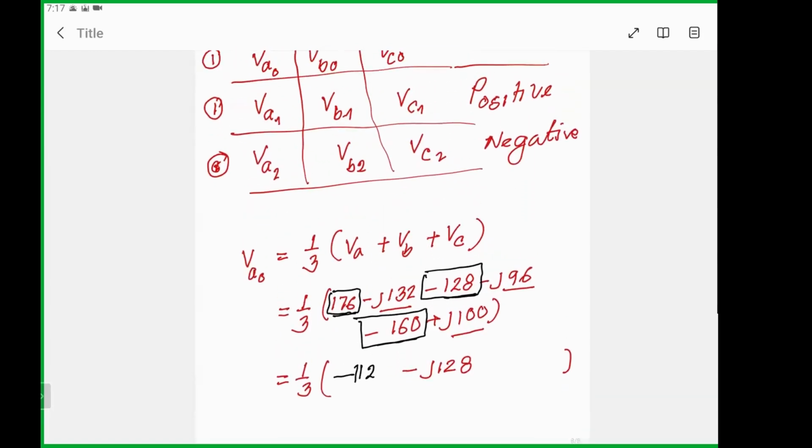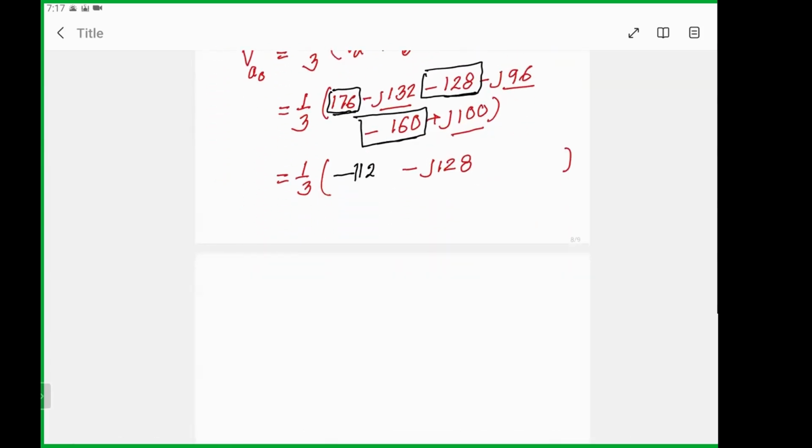Okay, so now you just need to divide by 3. If I divide 112 by 3, it is 37.3. That is minus.